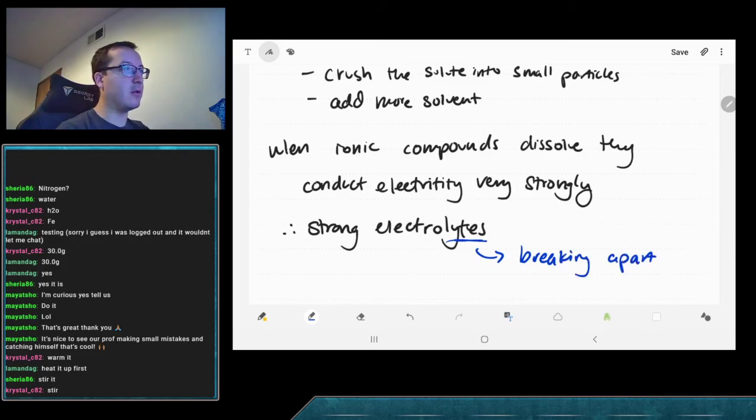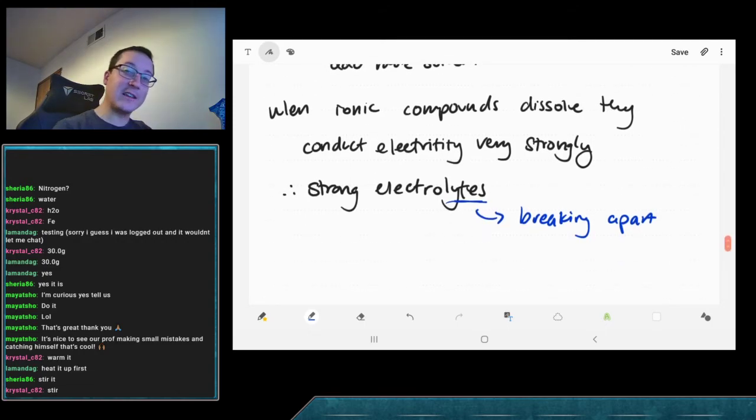So when you have hemolysis or whatever, that's when your blood cells are bursting open or breaking apart. All this lysis stuff talks about breaking: glycolysis, breaking of glucose, all that stuff. And of course, electro has to do with electricity.